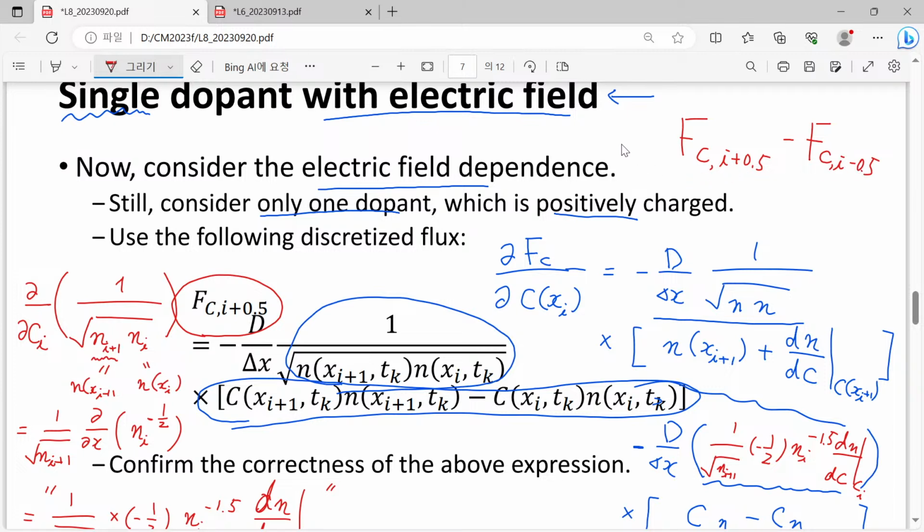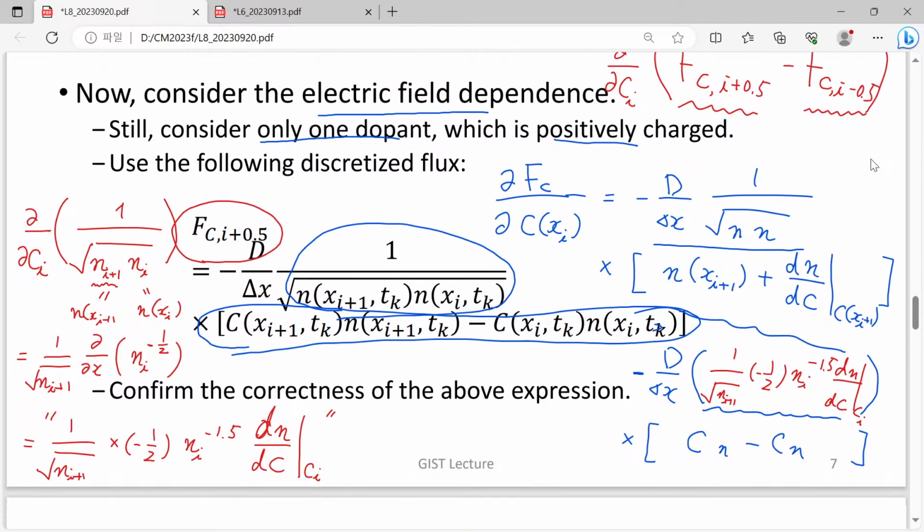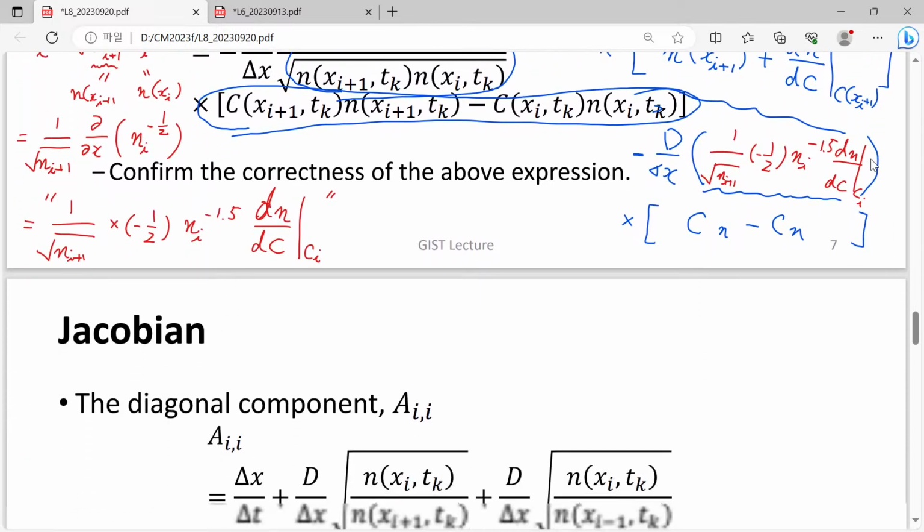So if you take this partial derivative with respect to c sub i, then you must consider the partial derivative of one flux, and also its partial derivative for the second flux. Oh, it seems to be quite complicated, but hopefully I wanted to ask you this one.